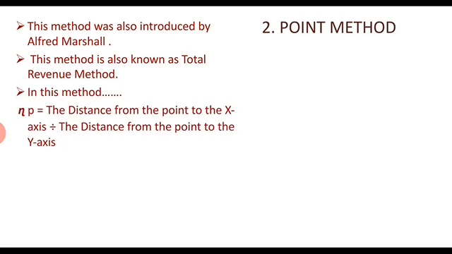In this method, eta P is equal to the distance from the point to the x-axis divided by the distance from the point to the y-axis.